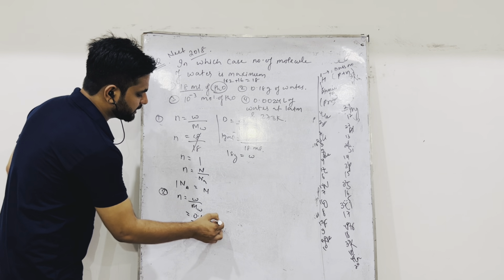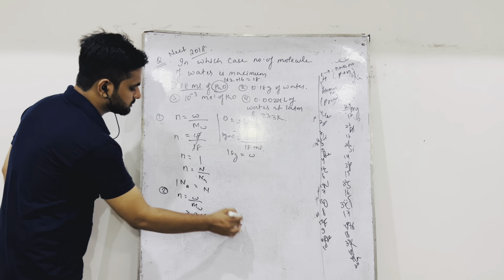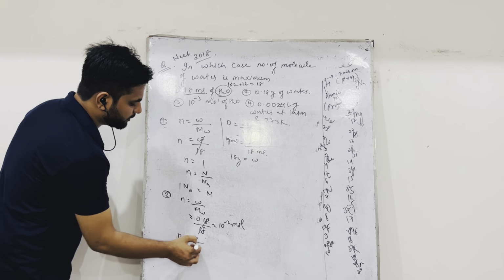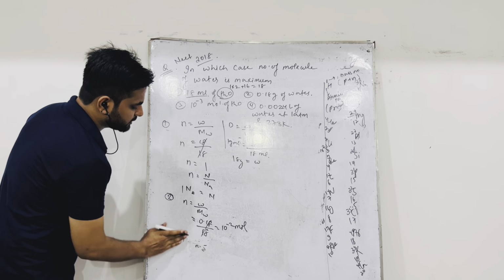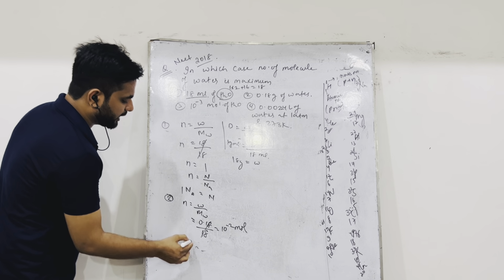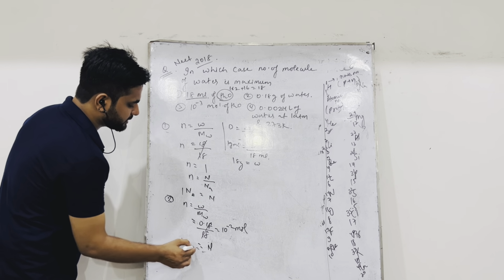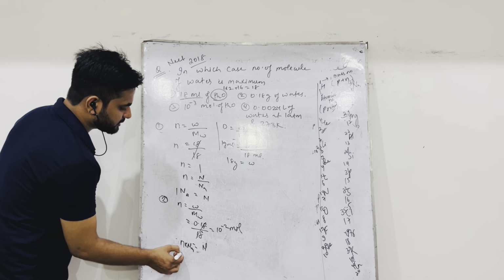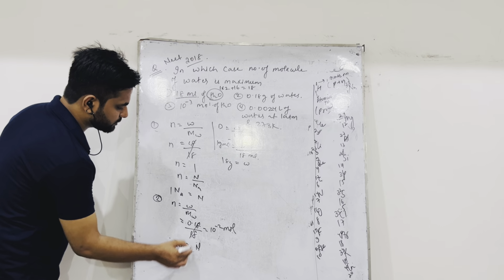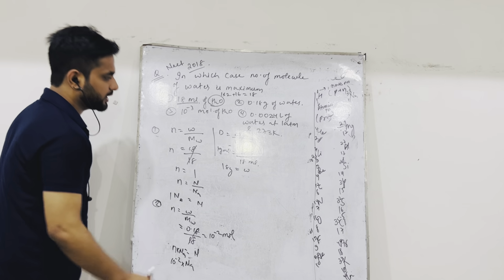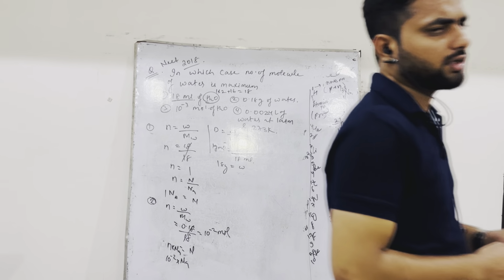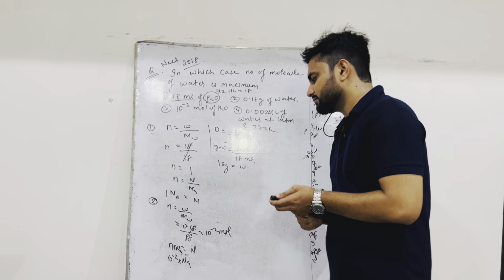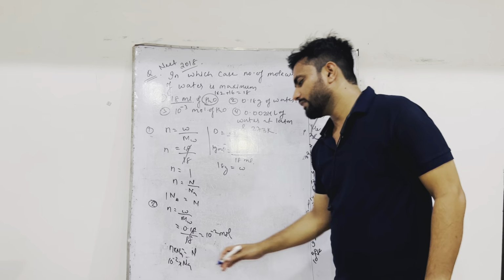After this we get 10 to the power minus 2 mole, and the number of molecules is 10 to the power minus 2 into Na. We do not need to find Na exactly, we just have to check which one is greater. So it is 10 to the power minus 2 Na.